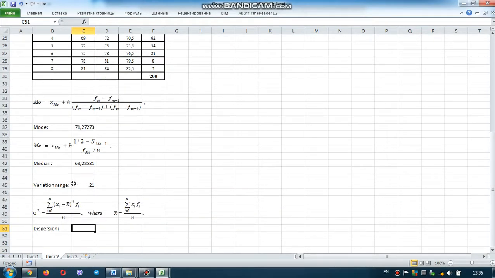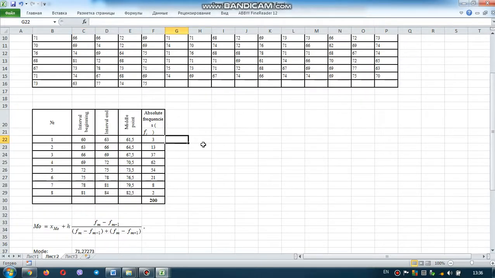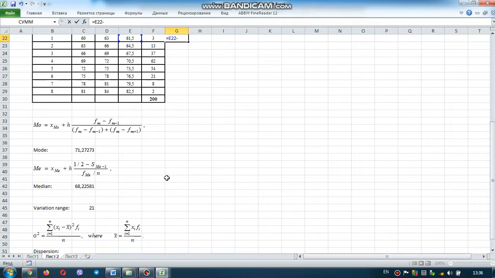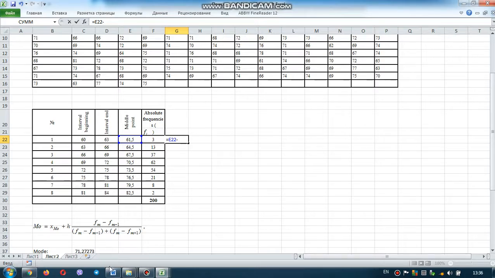We have to calculate the difference between x middle interval values and average values. Middle point minus average.